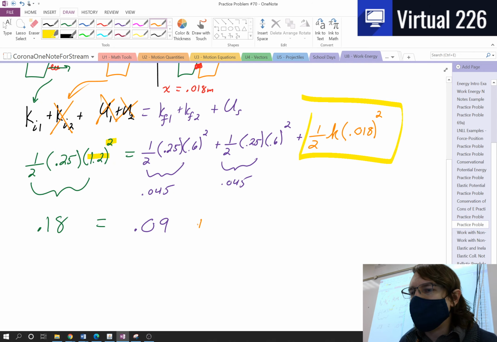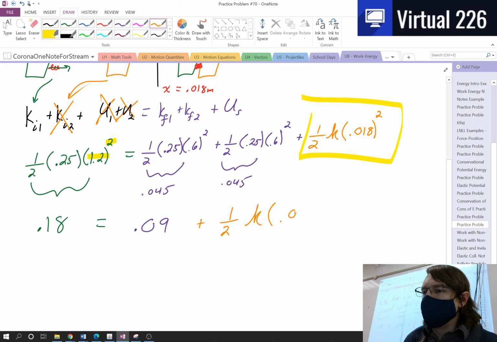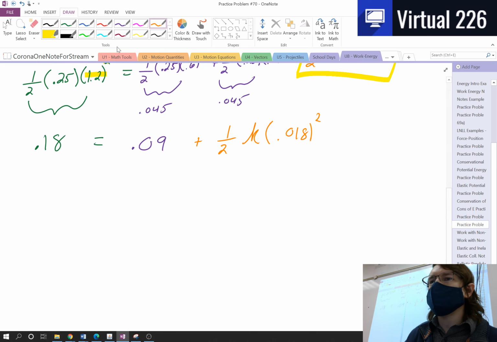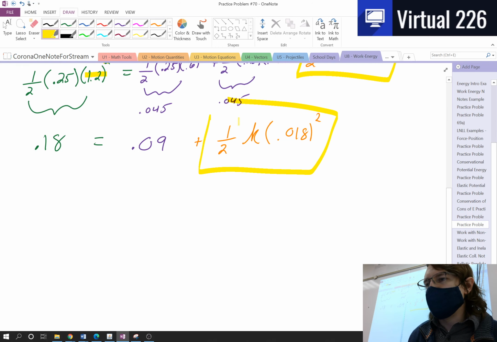And that's going to be added to our 1/2 k, and this is going to be 0.018 squared. At this point, we're still just doing algebra. Everything on this spring is tied together, so I actually need to get rid of the 0.09 first.